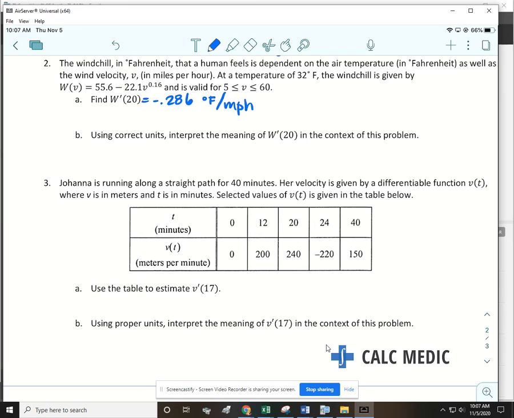All right, so then for B, we're going to interpret the meaning in the context of the problem. So our moment is 20, and that moment is a velocity, which is 20 miles per hour. And the context of this problem is wind chill.